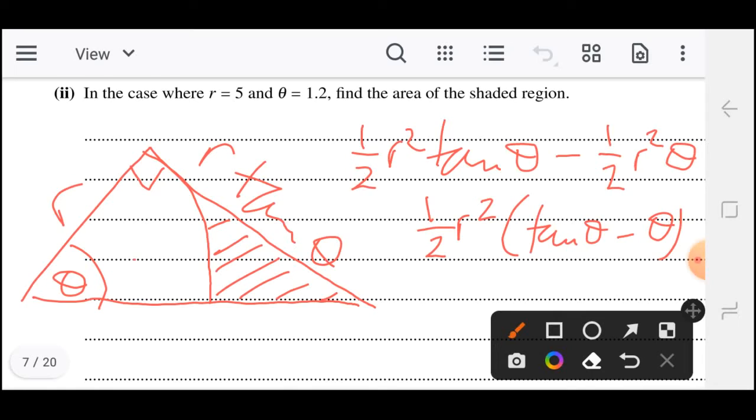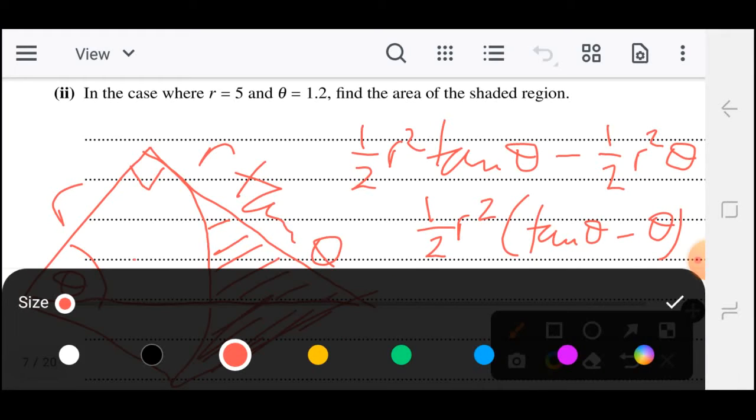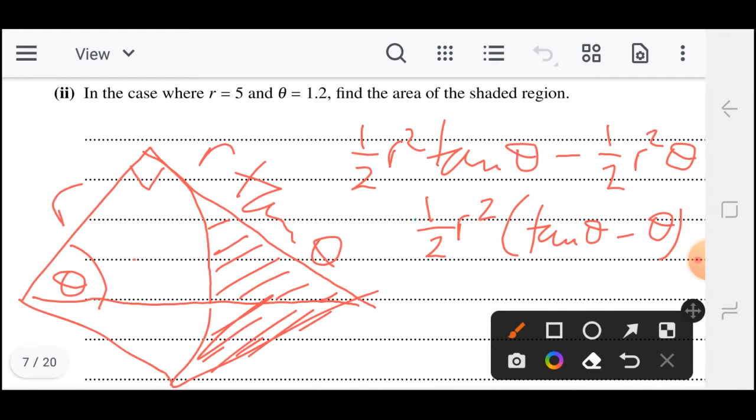What we need to do next is to multiply this by 2, since there is the other half that we need to consider. So to cater for this other half, all we need to do is multiply the equation that we already have by 2.